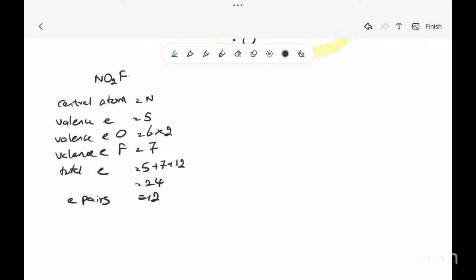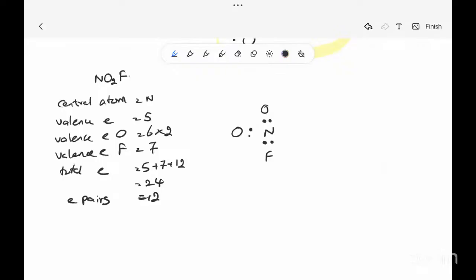Now we have to place the central atom: nitrogen, oxygen, oxygen, and fluorine. Then the electron pair story. Here, bond pairs.